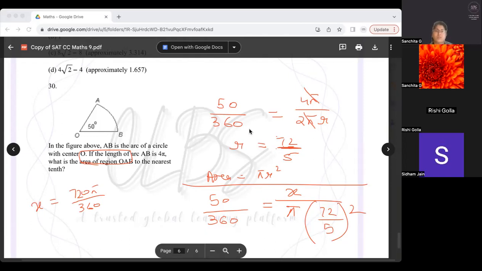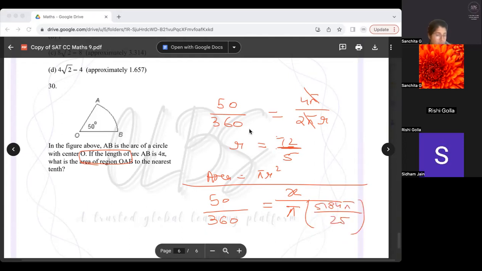Check your steps once. 72 whole square is what? I don't think that's right, Rishi. Oh, I didn't square it. My bad. The value is 5184 pi, correct. 5184 pi divided by 25.